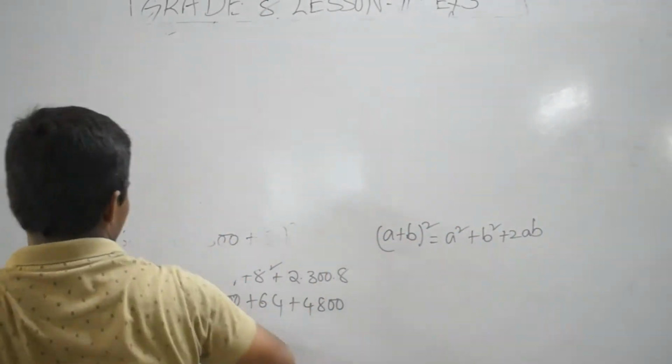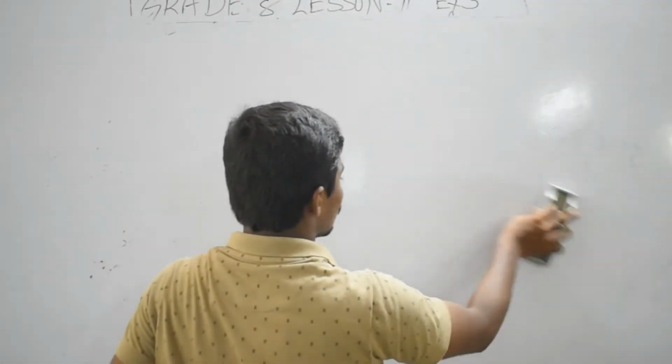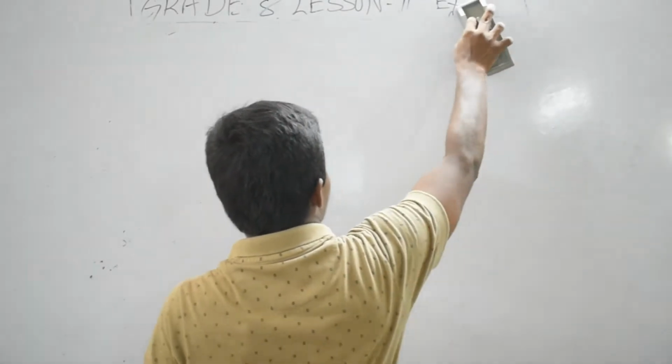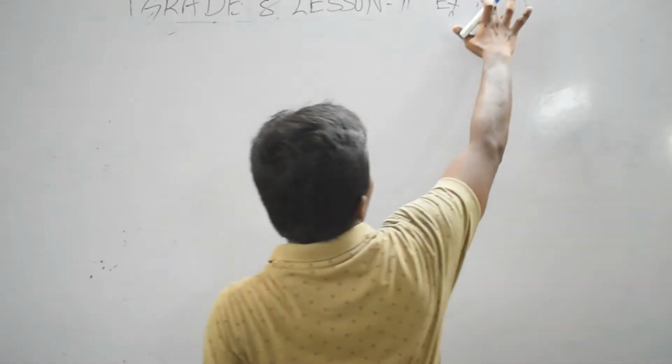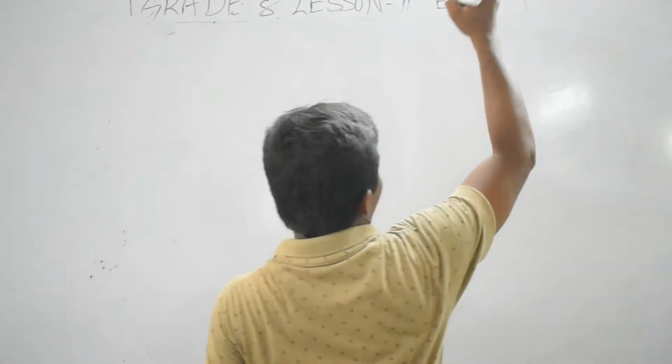Now exercise 11.4. Here see, select a suitable identity. Find the following product.